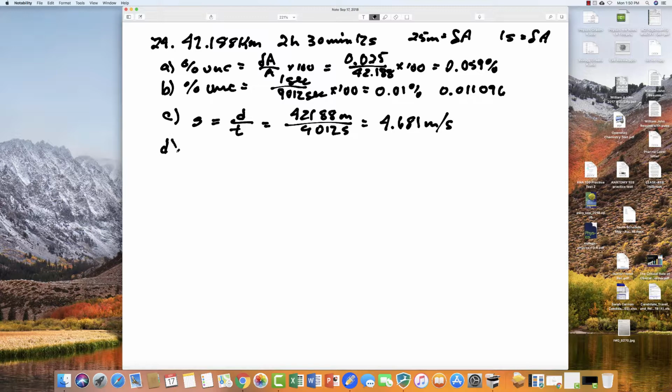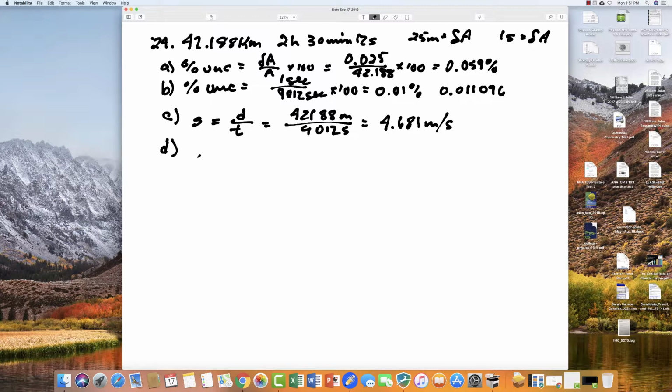And then lastly, it wants you to calculate the uncertainty of the average speed. After looking in the book, it turns out the way you calculate when you have two different measurements, you essentially add the percentage uncertainty together.